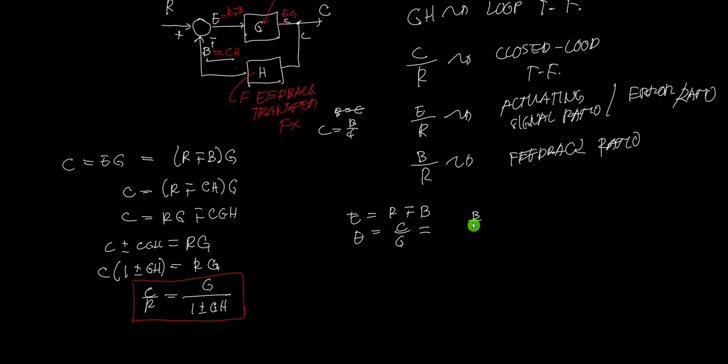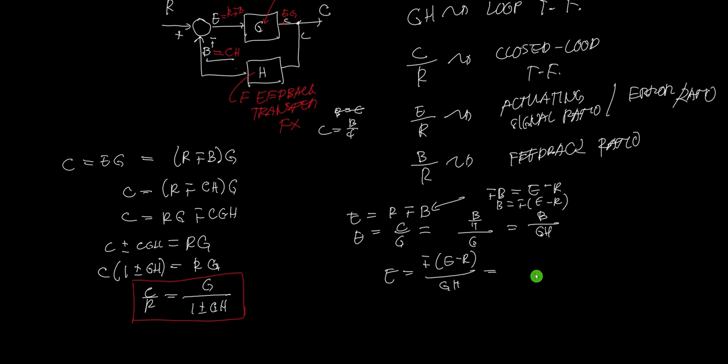So this will be B over H all over G, or simply B over G times H. Then for B, if I solve for B, minus plus B equals E minus R, or B now will be equal to minus plus of E minus R. So our E here now will be equal to minus plus E minus R all over GH. We can put the minus plus at the denominator, minus plus G times H.